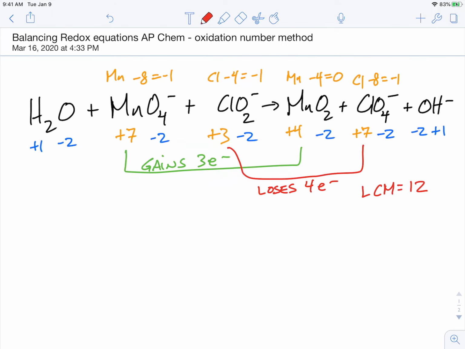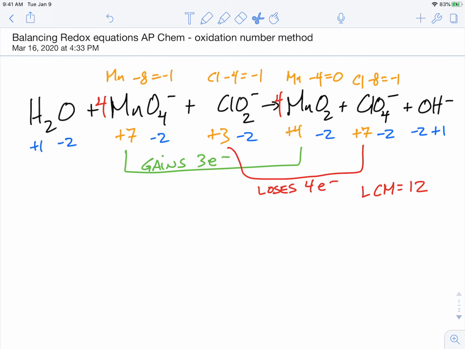That's going to be 4. So I'm going to multiply my MnO4 minus by 4, and also my MnO2 by 4. So 4 times 3, which is 12 electrons total, are being gained.